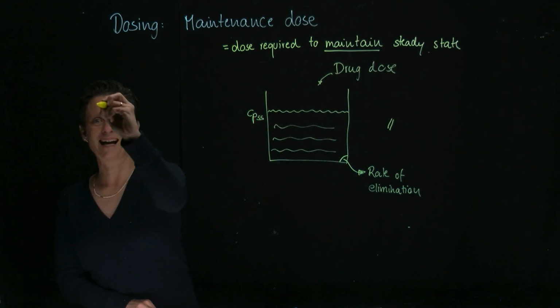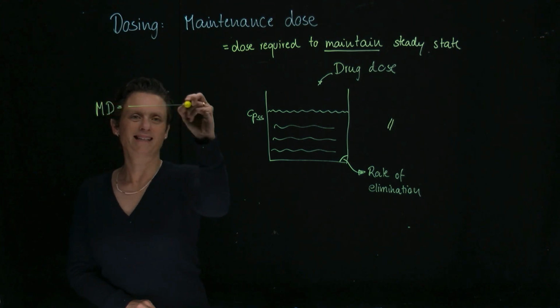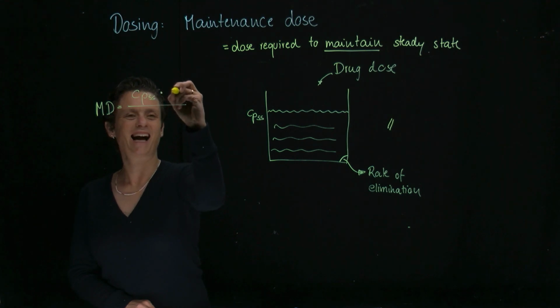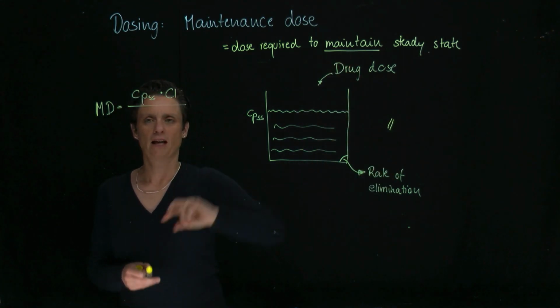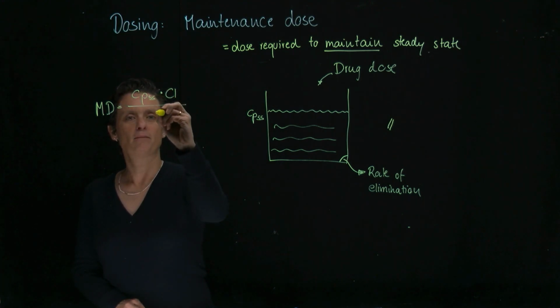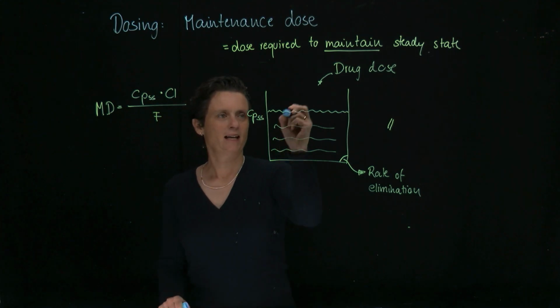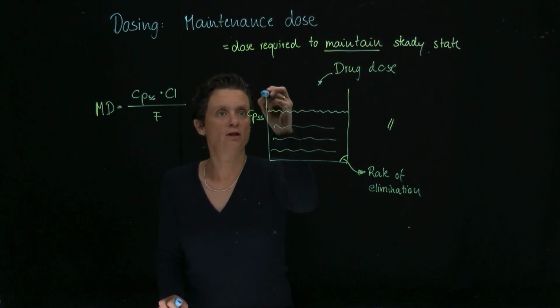So how can I calculate the maintenance dose? So the maintenance dose is the concentration at steady state times the clearance, because I have to consider that I'm losing stuff, divided by the bioavailability. So we should not forget that whatever we put in here, not everything may reach the plasma.